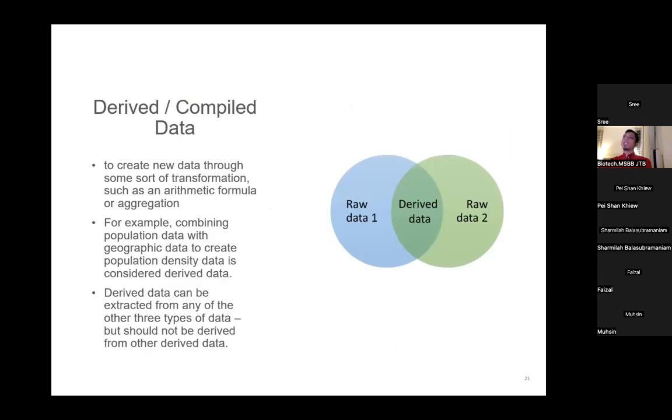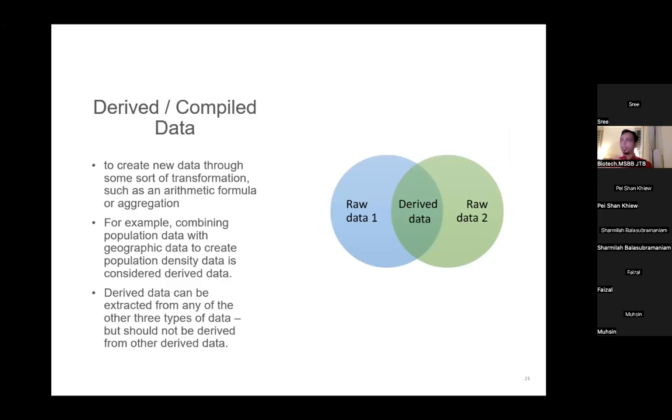All right, the fourth one is derived or compiled data. So we can also derive data. How do we derive the data? We create new data through some sort of transformation, for example an arithmetic formula or aggregation. I haven't done this one previously, so I'm not sure how researchers actually do the methodology to generate new data from different data.